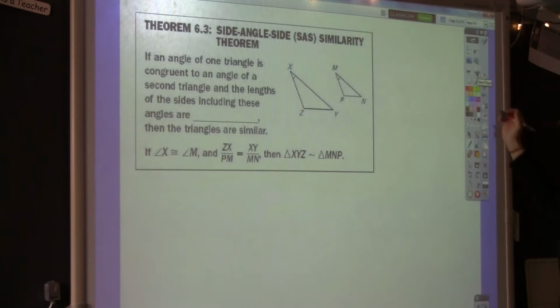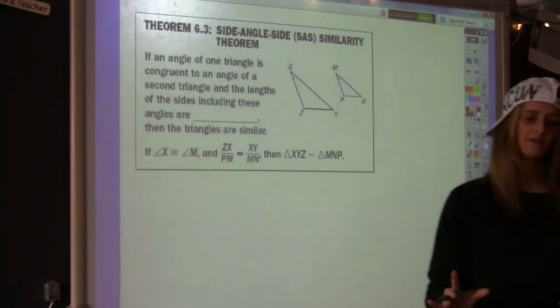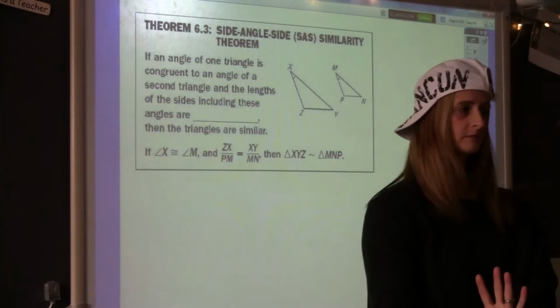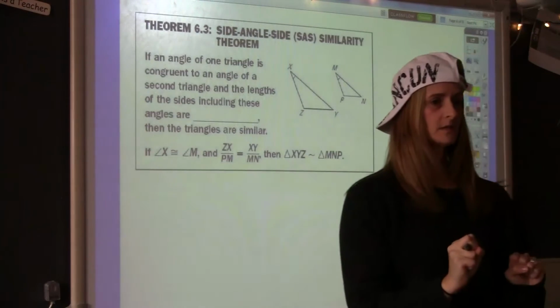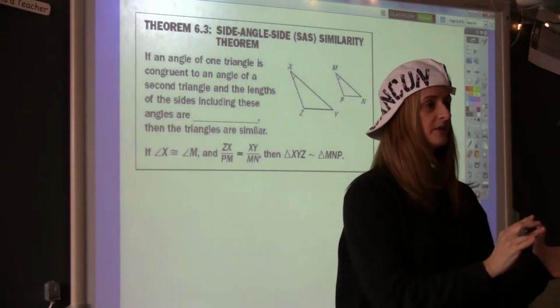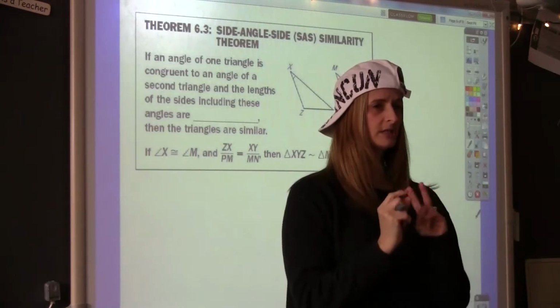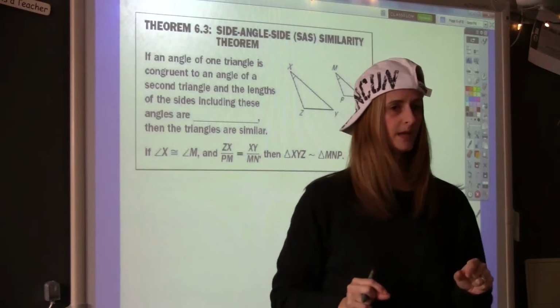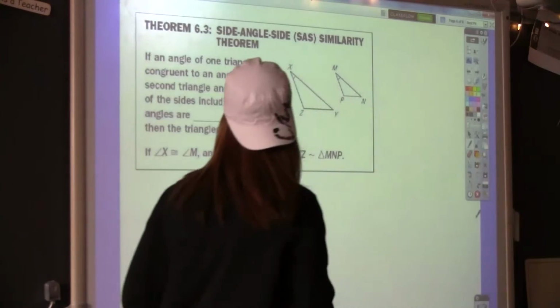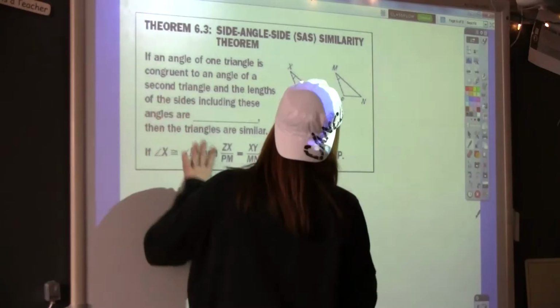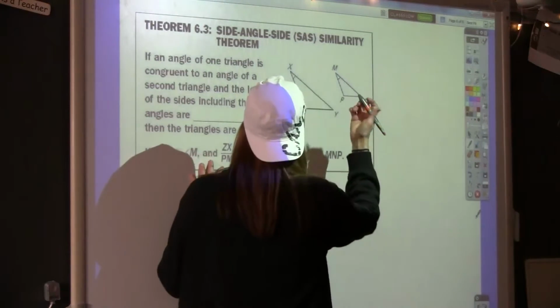All right, next and last method. First method just involves the angles. Second method involves just the sides. Third method involves angles and sides, just a little bit more complicated. Not too much though. So what this says is, I'm just going to pick some numbers again.